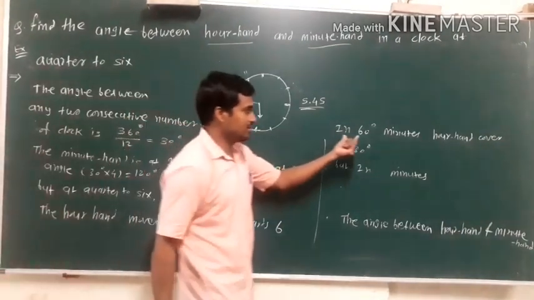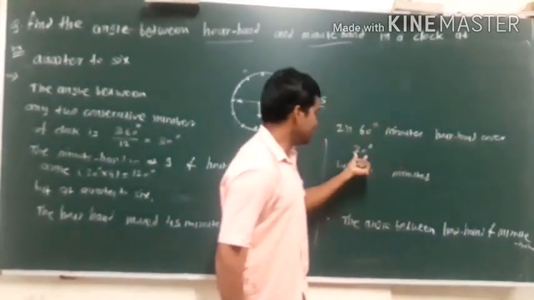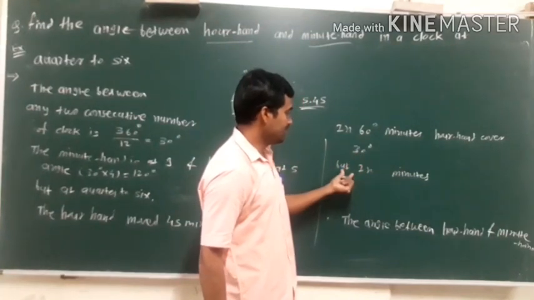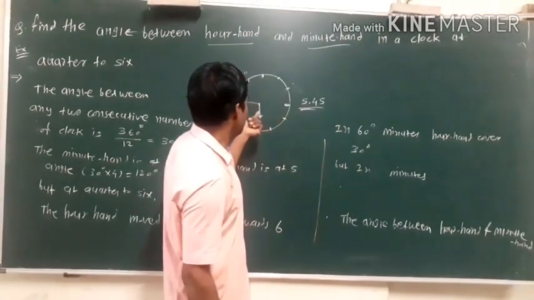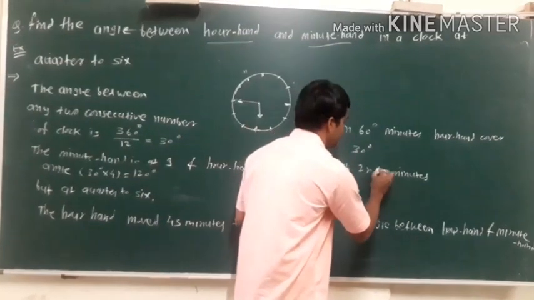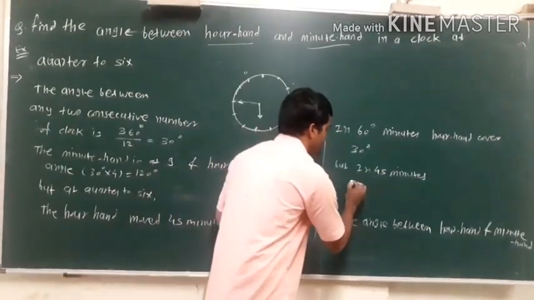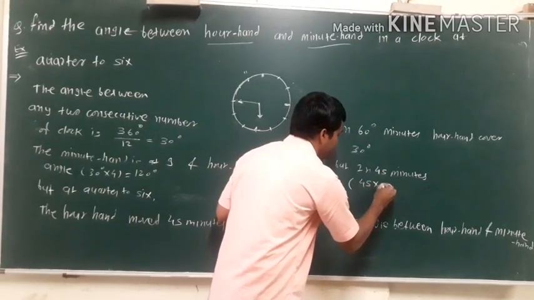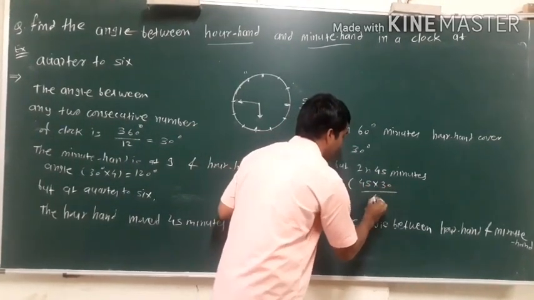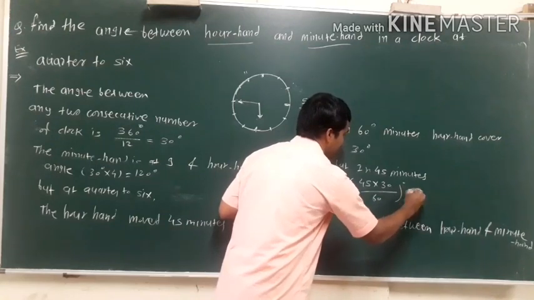In 60 minutes, the hour hand covers 30 degree. But in 45 minutes, 45 into 30 upon 60 degree.